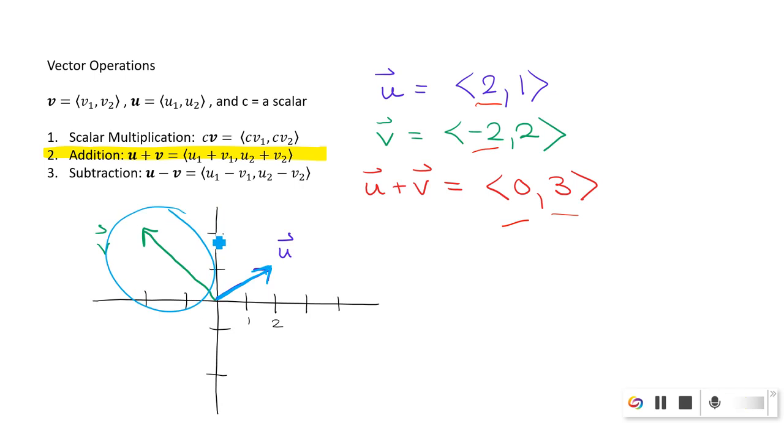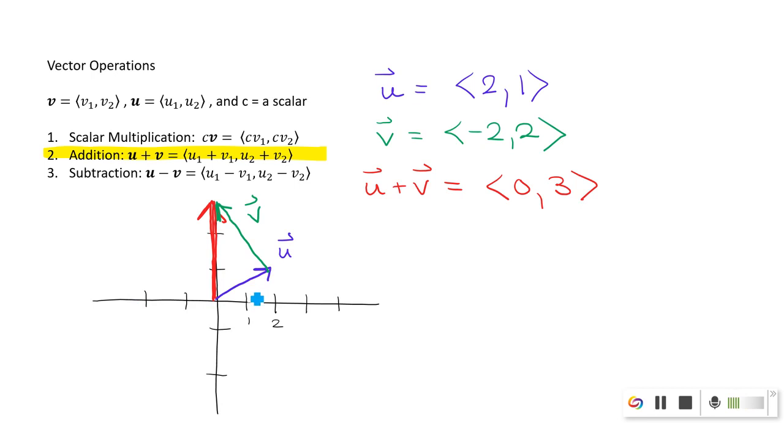And then I'm going to take vector v and move it so that its initial point lines up with the terminal point of vector u. You can think of it as vector u describes pushing an object in one direction, and then in vector v, now you're pushing it in the other direction. If you're adding those two vectors together, you're thinking about what is the net result if I move in the direction of vector u, and then after I'm done with that, I move in the direction of vector v.